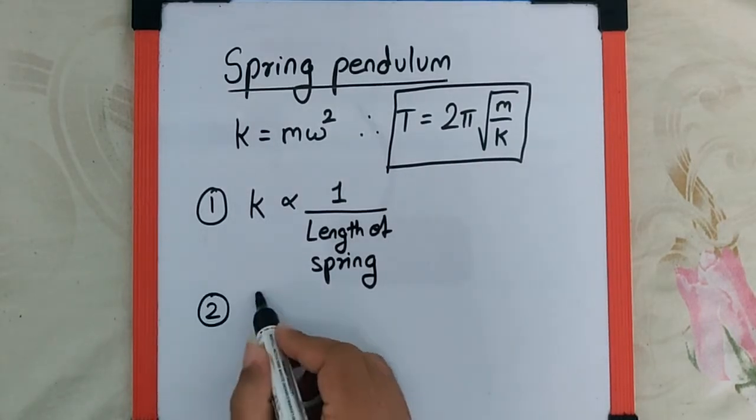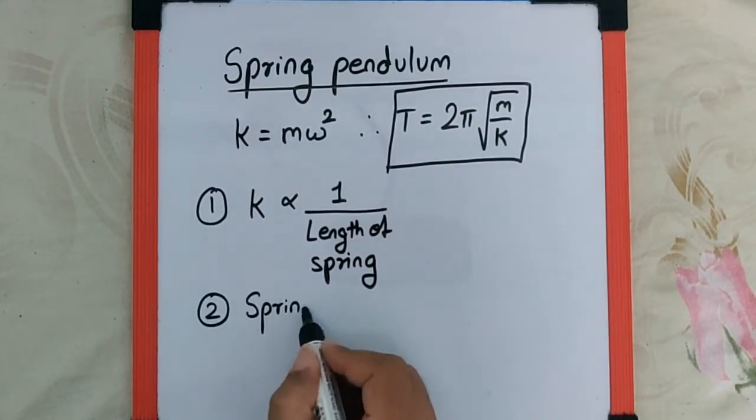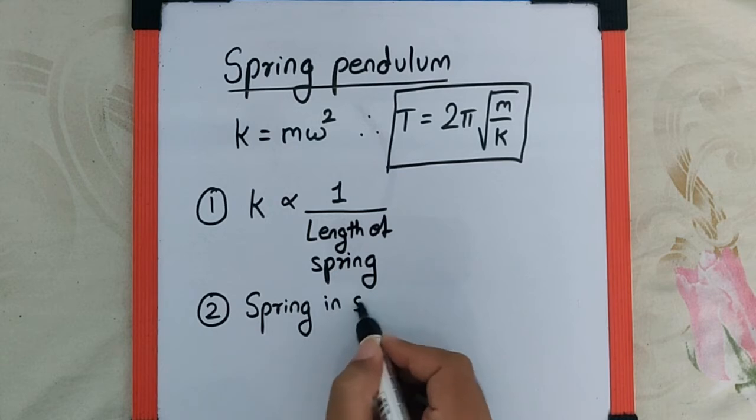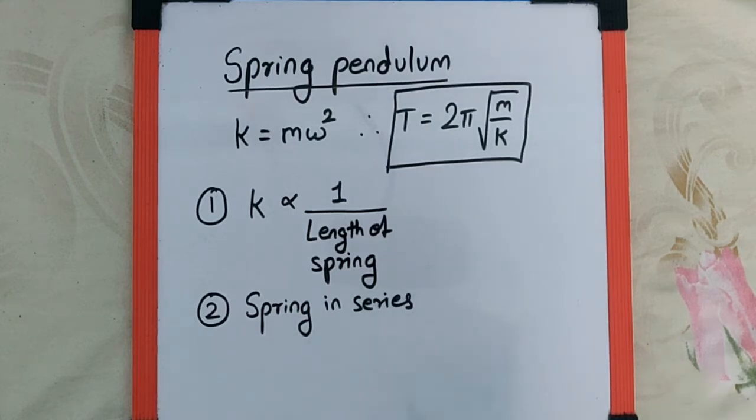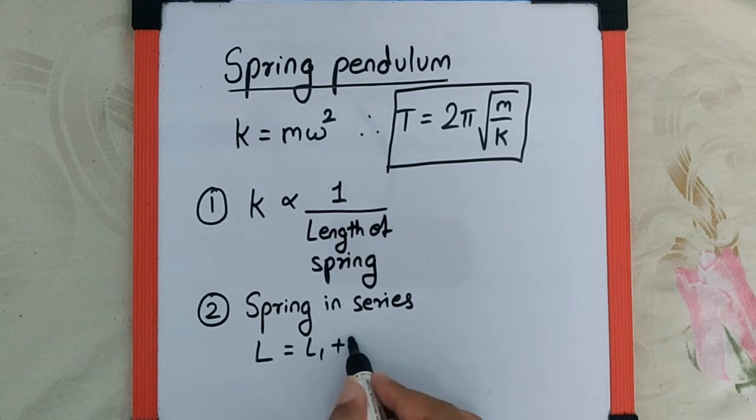Then if springs are arranged in series, can I say the total length will become L1 plus L2 plus L3?